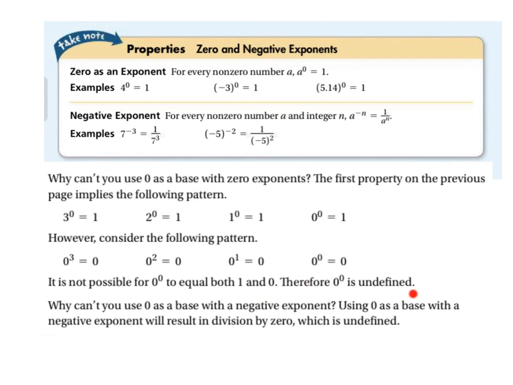So in that case, we call that undefined. We run into those sorts of things in math when we talk about division by 0, right? We call that undefined for the very same reason, because there are two really good answers. So 0 to the 0 power is undefined, but anything else to the 0 power is 1.